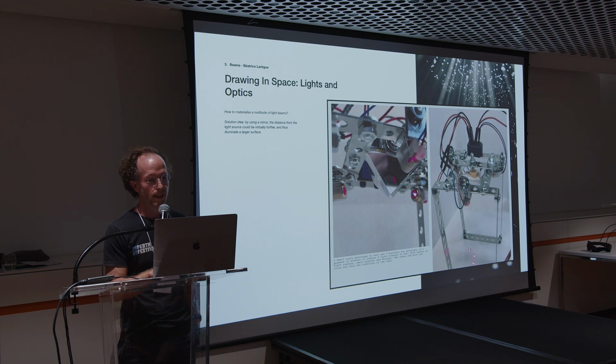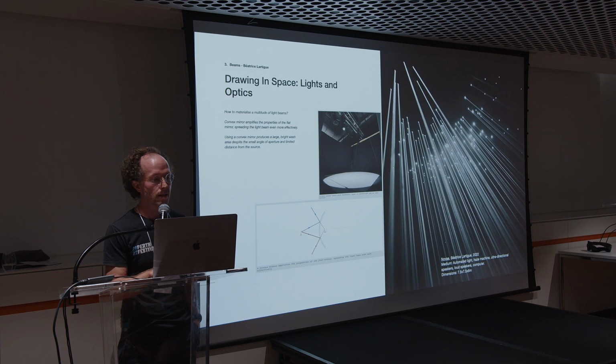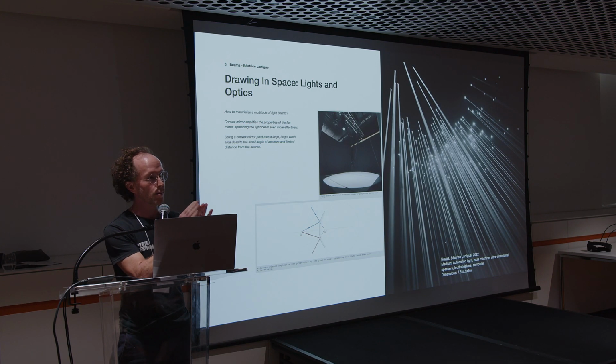And this is the full work at scale. They ended up using a convex mirror, which enabled the laser to slightly refract and broaden the width of the laser beam, which is too sharp as it is.